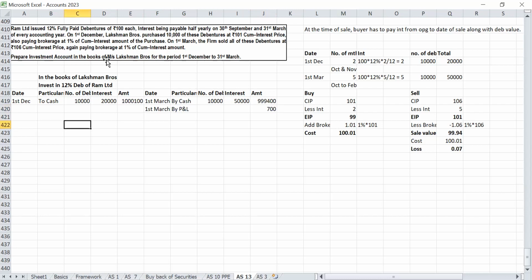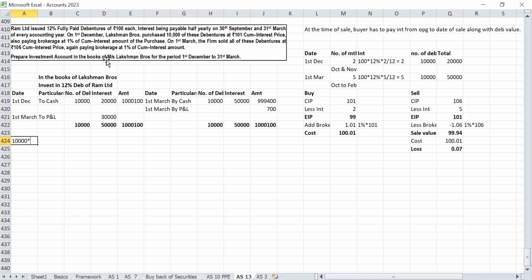The difference, 30,000, will be transferred to P&L as interest, the balancing figure. You can also cross check.